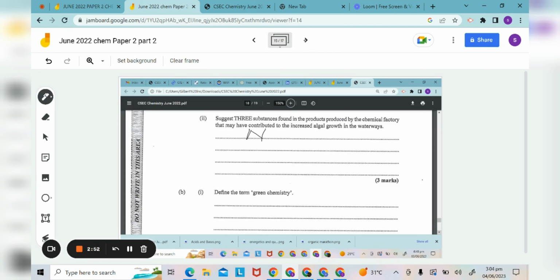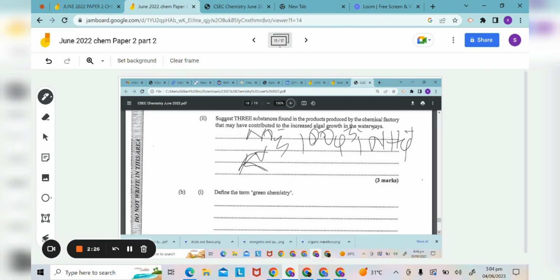So things like nitrates, phosphates, and ammonium based species, so ammonium salts, those sort of things are substances which will cause increased algal growth in waterways. And of course, if they have any potassium based substances as well, then those things as well.